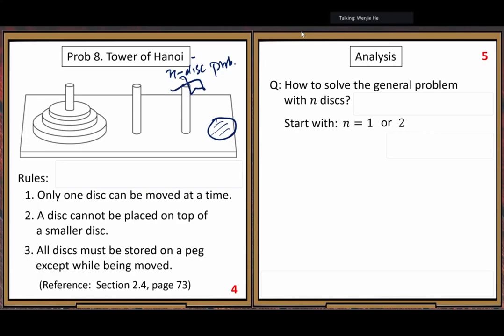But at the end, we should move all these 3 disks onto the destination peg, following the required order.